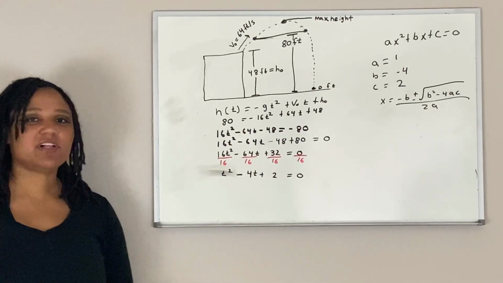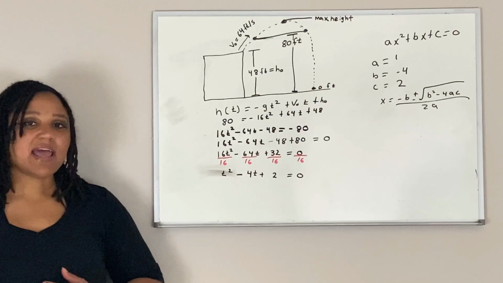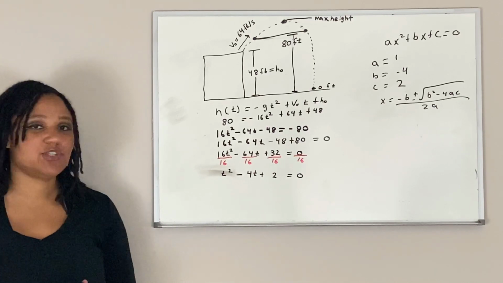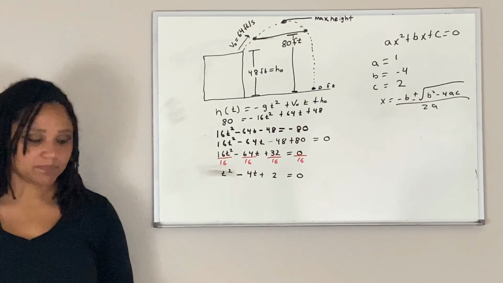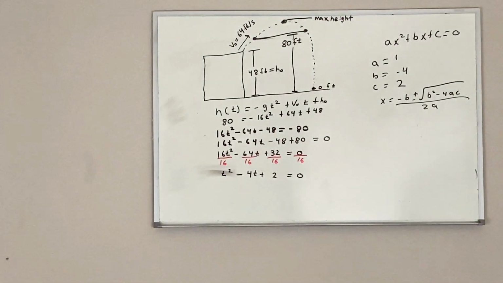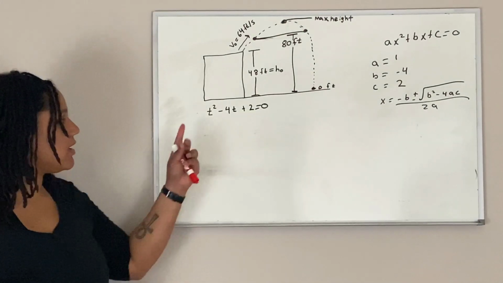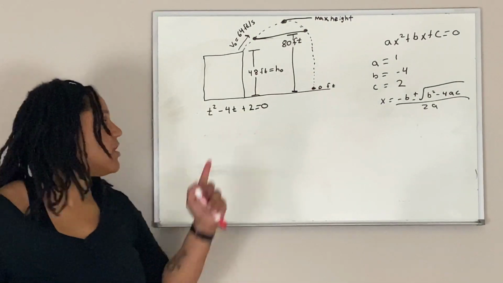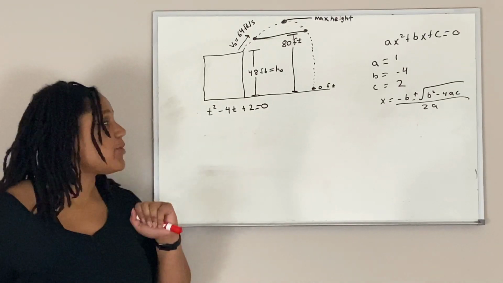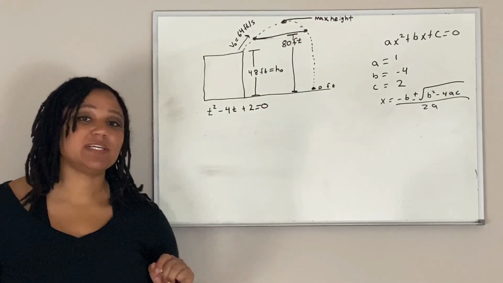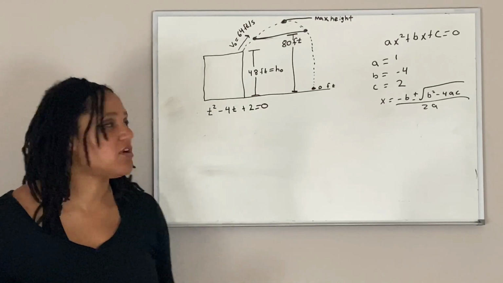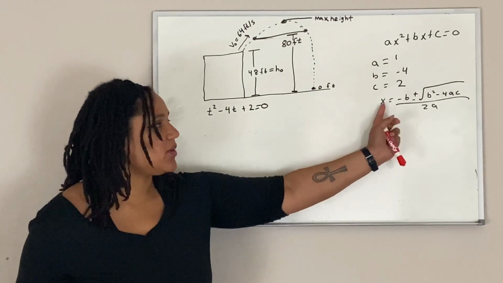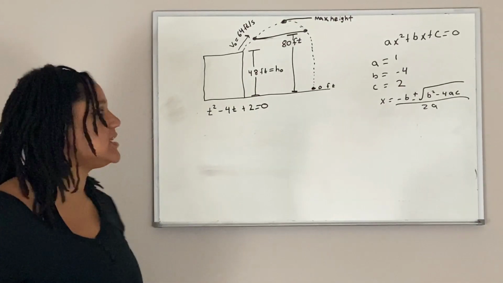So I'm just going to clean up the board a little bit so we can have some room to finish working our problem. So I just rewrote where we left off here. So we have t squared minus 4t plus 2 is equal to 0, and we are going to solve for t. So we're going to use this formula, and where you see the x, we'll just use a t.